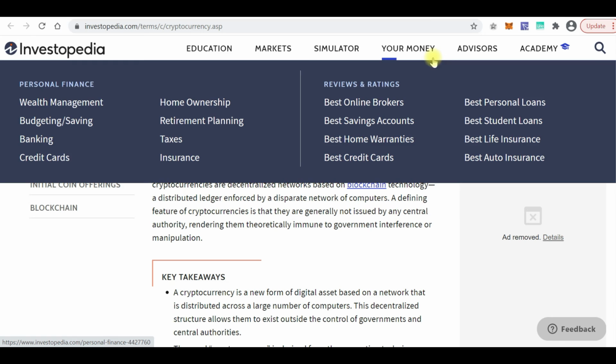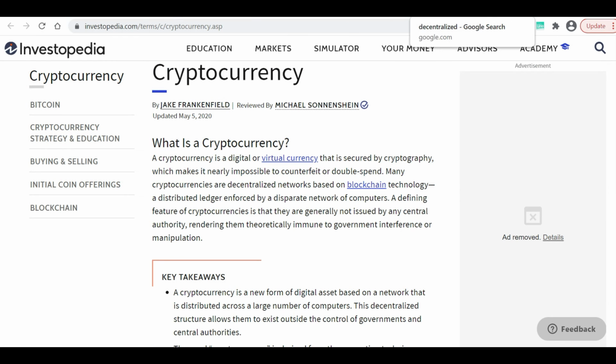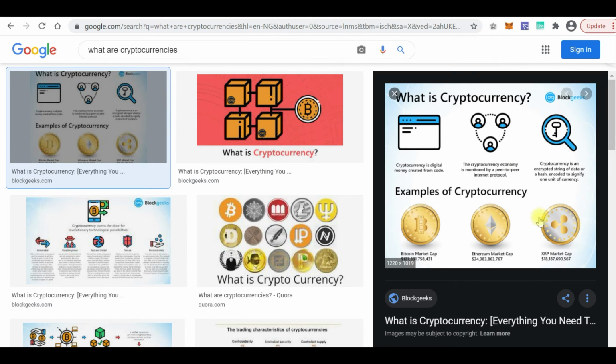So if I go here and show you this, this is a pictorial representation. What is cryptocurrency? Cryptocurrency is a digital money created from code. Digital money, virtual money. You can't touch it. The cryptocurrency economy is monitored by a peer-to-peer internet protocol.